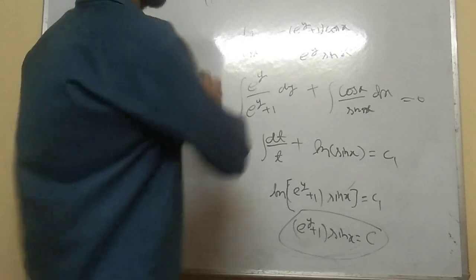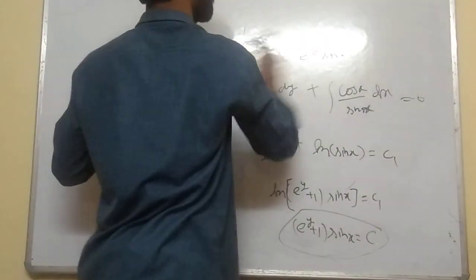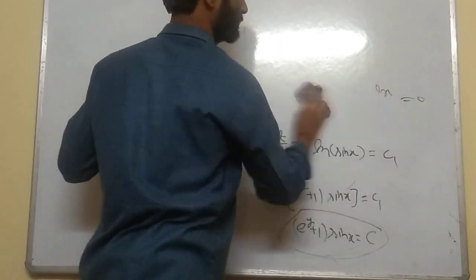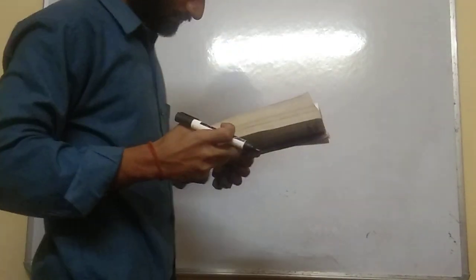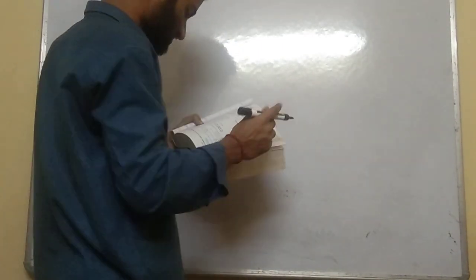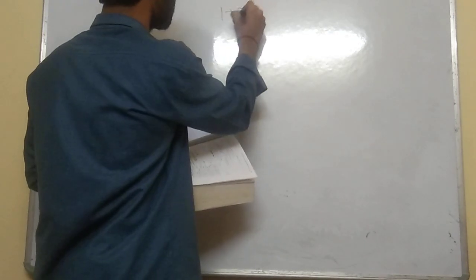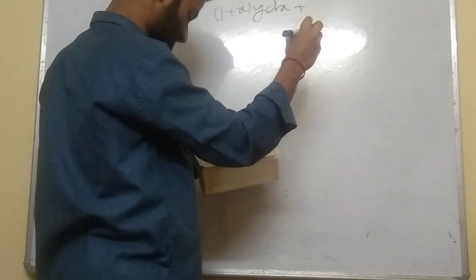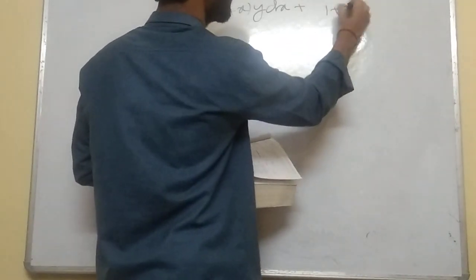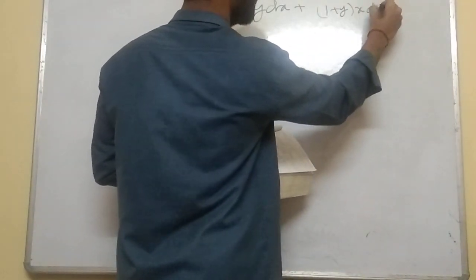So let's take another example. Another example is (1 plus xy) dx plus (1 plus yx) dy is equal to 0.